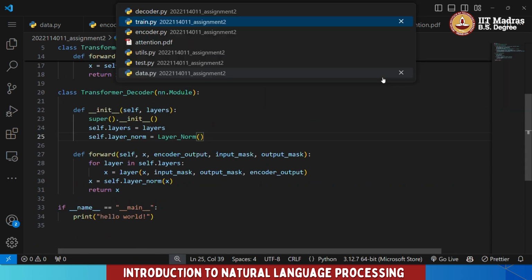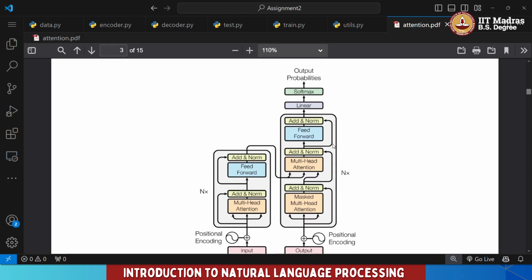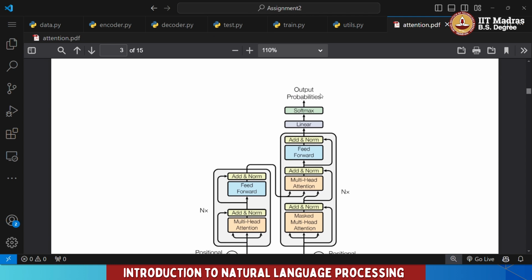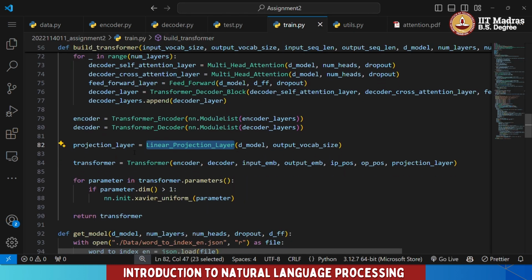And then there's a final projection layer. As you can see, the encoder's output passes to the decoder. We have a final projection layer which outputs probabilities over the entire vocabulary dimension. That can be found over here, which is a linear projection layer having d_model, which is the innate model dimension, and output vocabulary size, which is the vocabulary size of the French sentences.